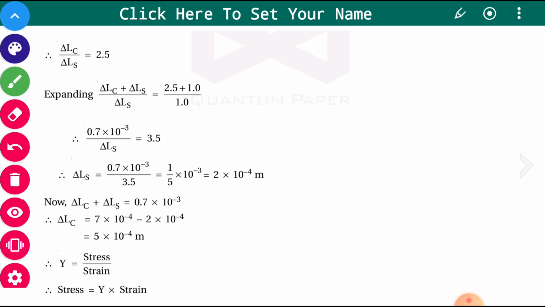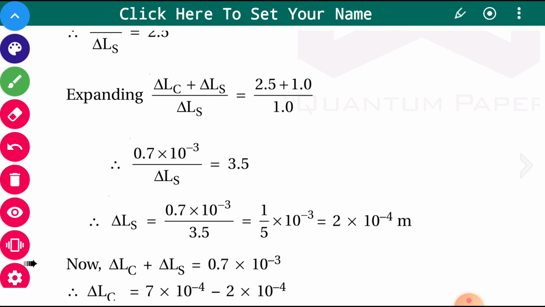Here it is taken in a different way. Here componendo is taken, so that delta LC plus delta LS upon delta LS. Here in the denominator there is 1, so 1 is added in the numerator. And this delta LC plus delta LS is taken to be 0.7 into 10 raised to minus 3.